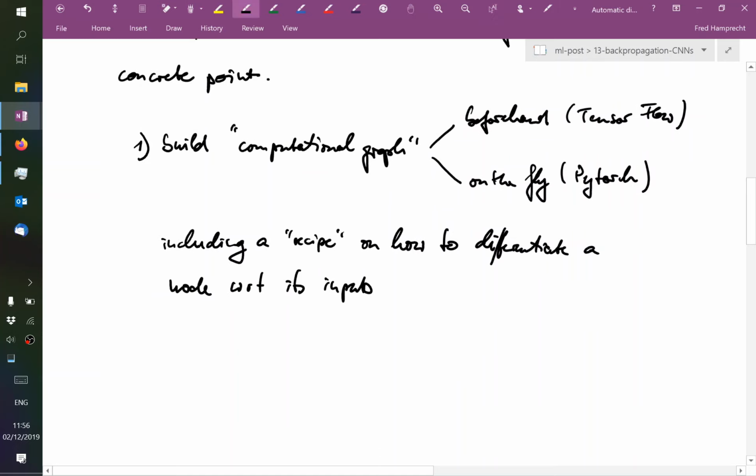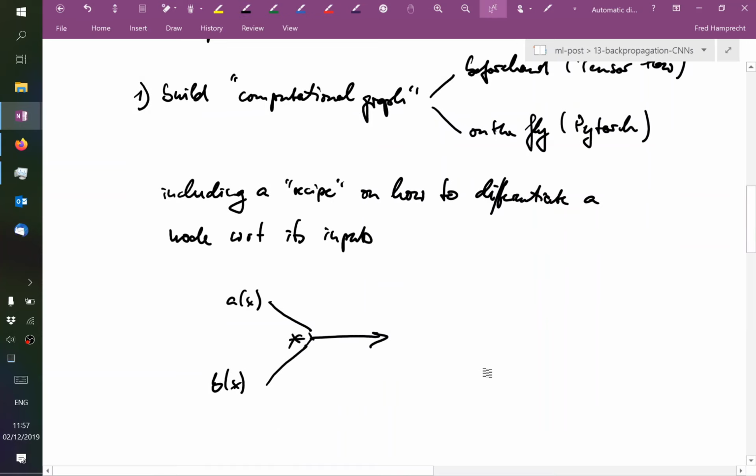So for example, if we have here A of x coming together in the neural network and B of x coming together, and they are here being multiplied, and the result is being passed on, then I might now have the information that whatever came out, it would have been good if the result had been even bigger.